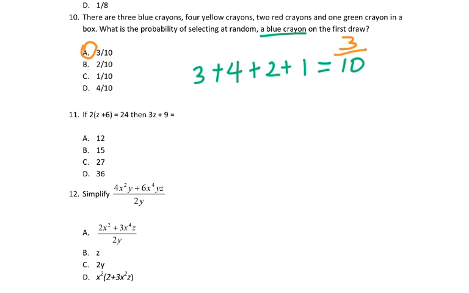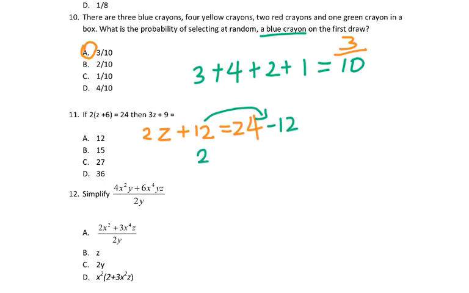Number 11. We need 3z plus 9. So first of all, we need to do the distributive property for that. I have 2z plus 12 equals 24. And subtract 12 from both sides.